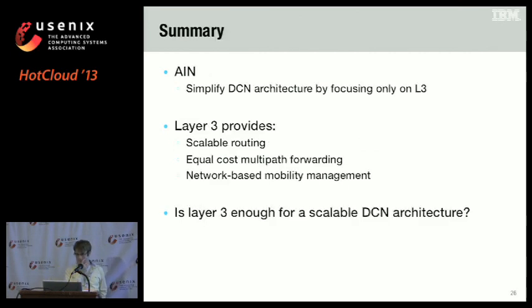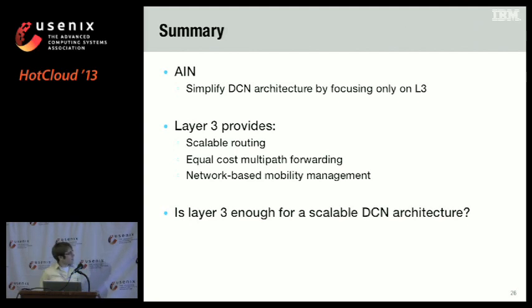So just to summarize, I've described AIN, which is an all IP network, and the idea here is really this question: can we simplify some of the data center network architectures by focusing only on layer 3 instead of trying to blend between layer 2 and layer 3?